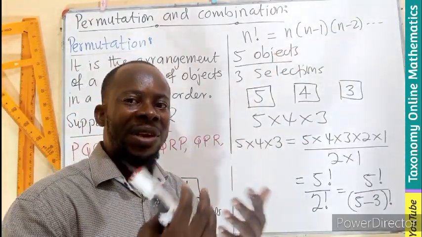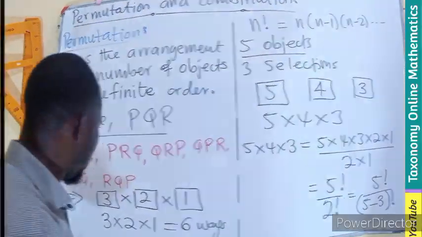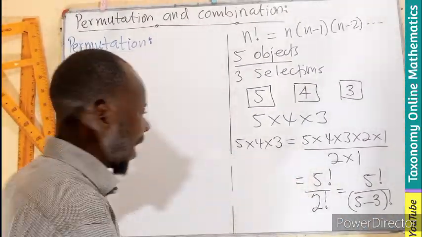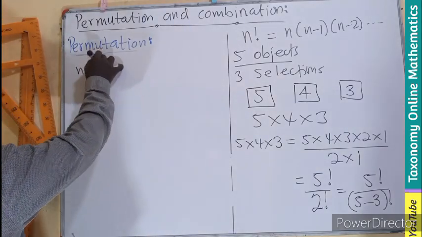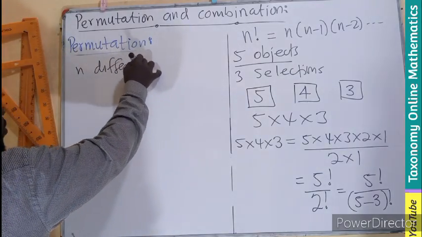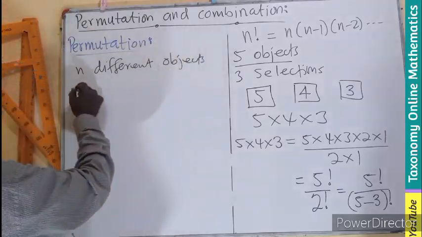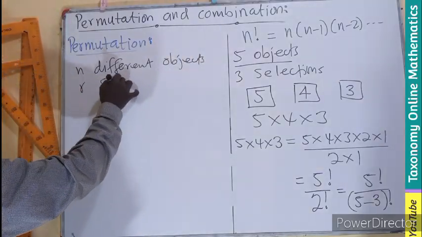We can easily generate a formula. Let's see how that will look. So we are picking n different objects, which is 5, then r selection.